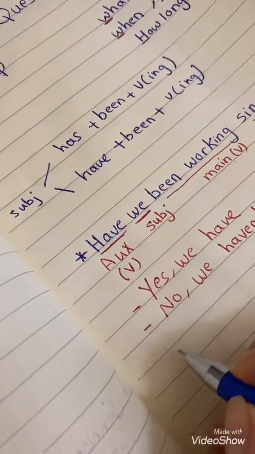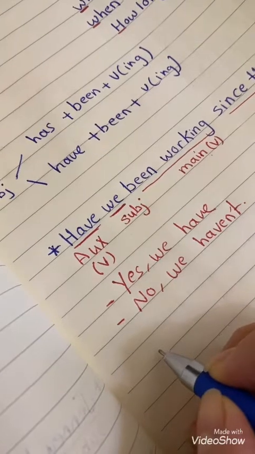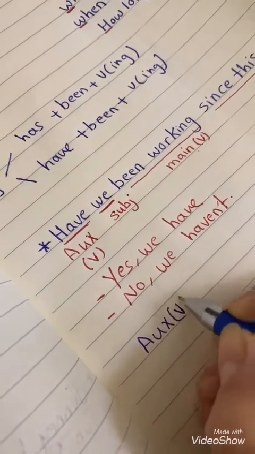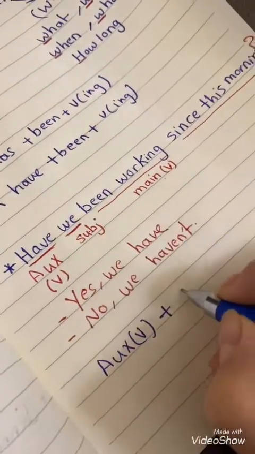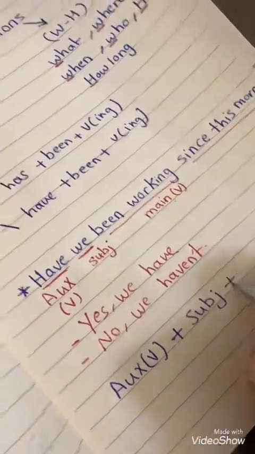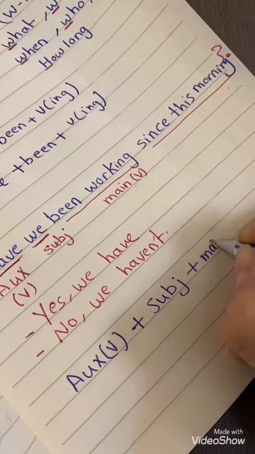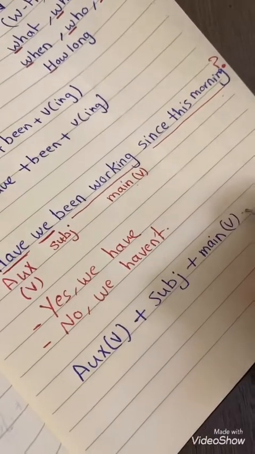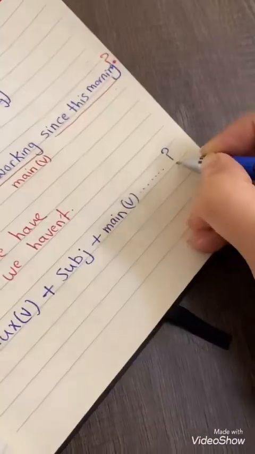We use the auxiliary verb plus a subject plus a main verb. Then we complete the sentence, and don't forget the question mark.